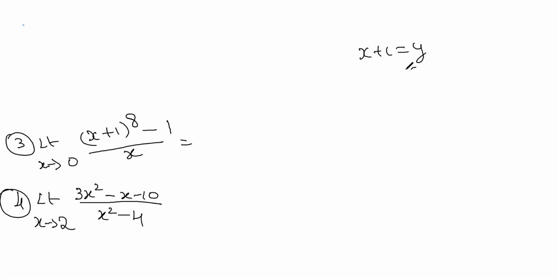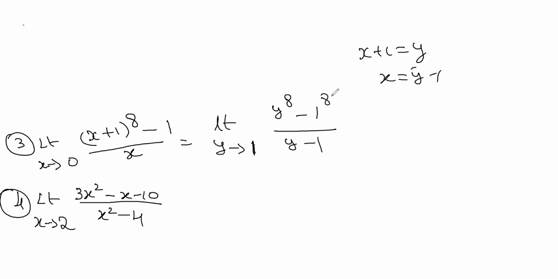If x plus 1 equals y, then we get y to the power 8 minus 1 by x. When x is 0, the value of y is 1, so limit y tends to 1. The denominator is y minus 1.